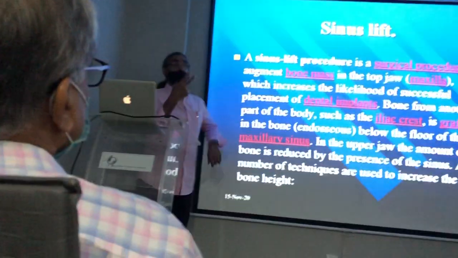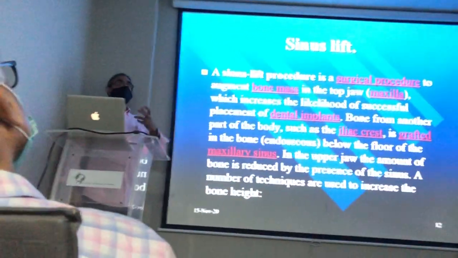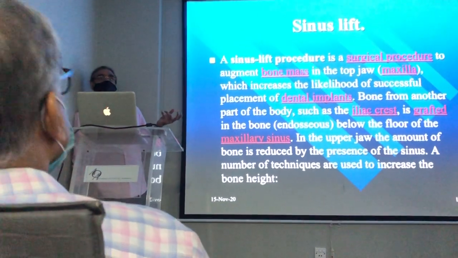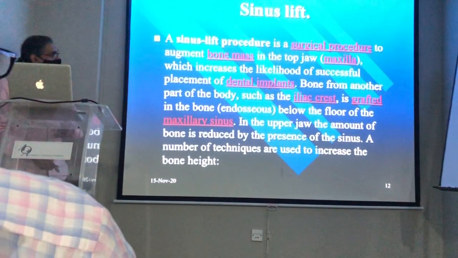So it does not have a rich blood supply or a porosity to actually act as a very conducive bone graft. So these were the issues that we used to face with these kind of things.